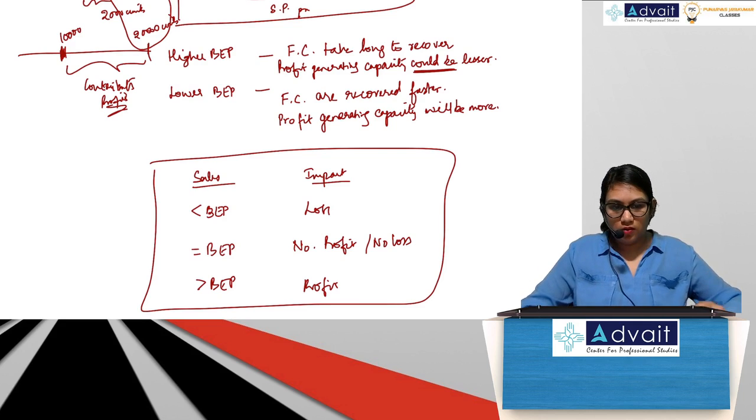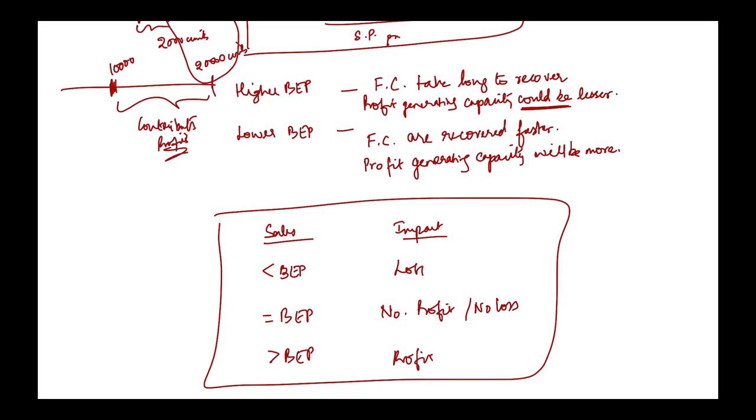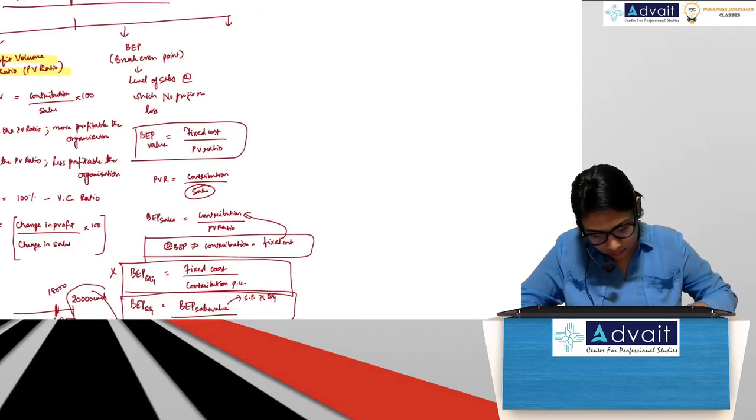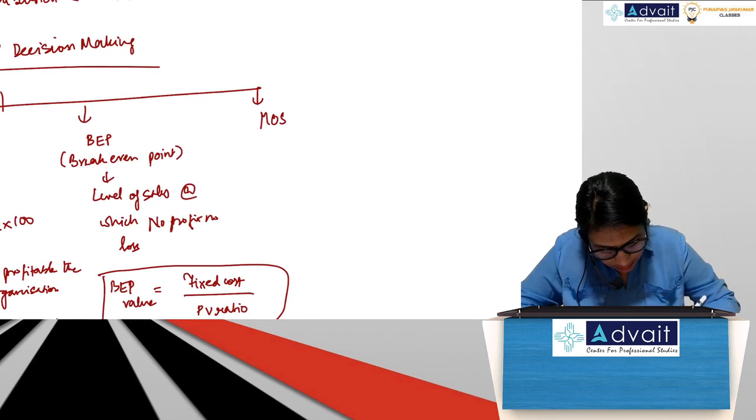Guys, okay, we'll move on then. The third indicator, MOS or margin of safety.